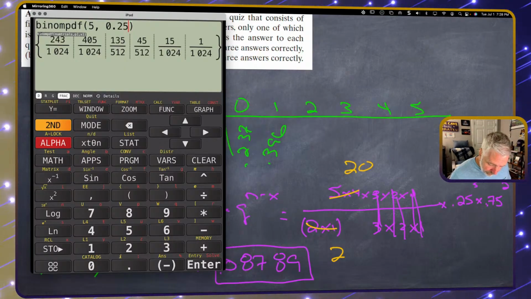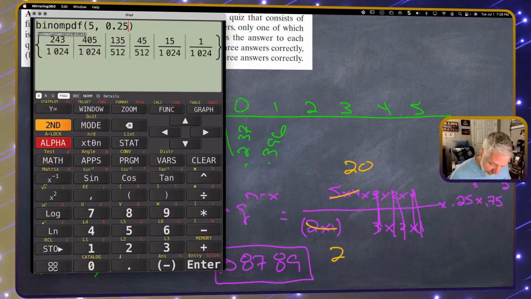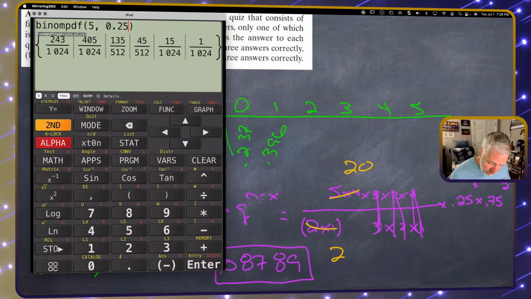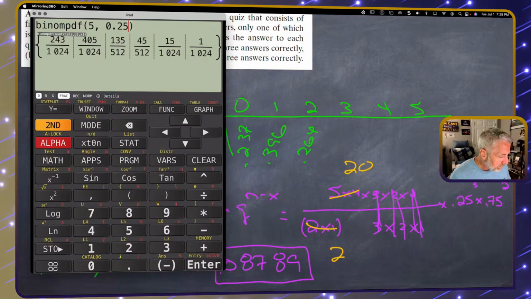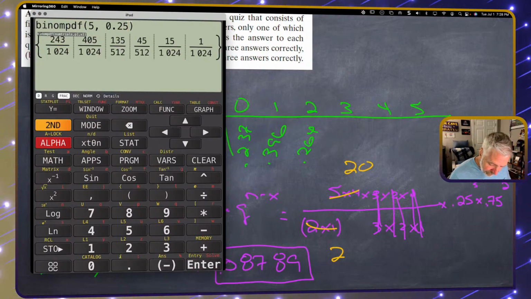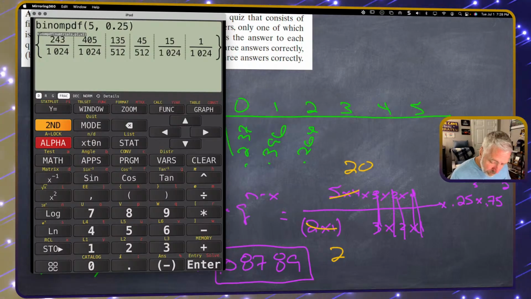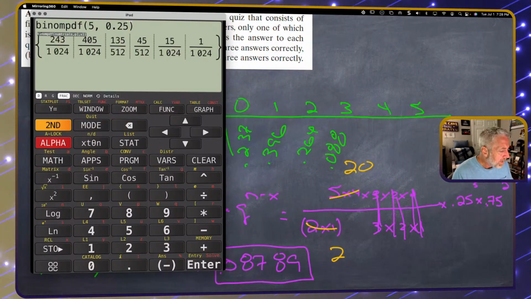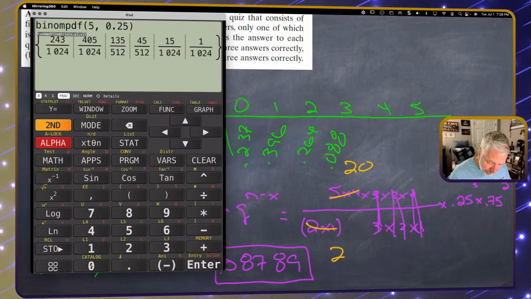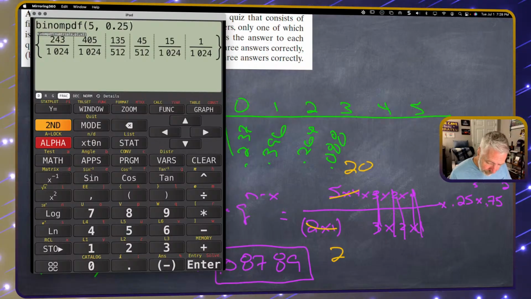For 2 it's 135 divided by 512, 0.264. Right. For 3, 45 divided by 512, 0.088. Whoops, 0.088. Just wrote it wrong. Then 15 divided by 1024.